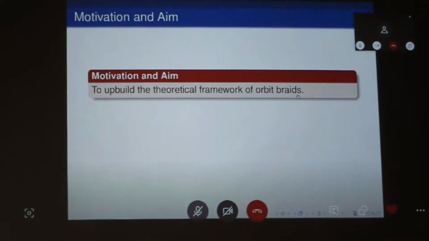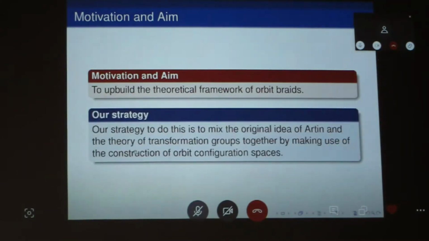In this case, we need G-manifolds, where maybe the action is not free. Here is our strategy, which is to mix the original idea of the braid group and the theory of transformation groups together by making use of the construction of the orbit configuration space.